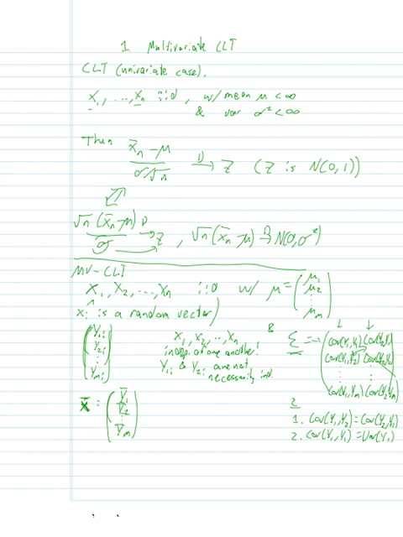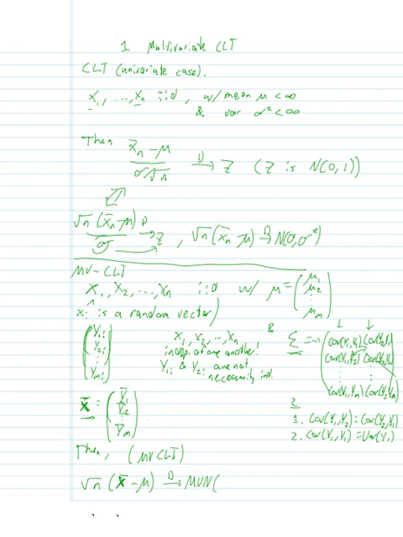This random vector is going to be the sample mean of all of the y1s, the sample mean of all the y2s, up to the sample mean of all the ym's. So this is all of the sample means expressed in one vector.